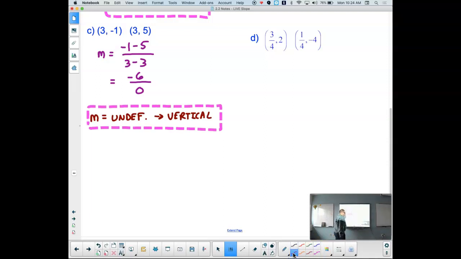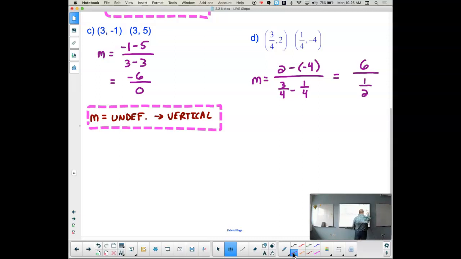Fractions are our friends. We love them. Okay? So 2 minus negative 4 divided by 3/4 minus 1/4. 2 minus negative 4 is positive 6. 3/4 minus 1/4 is 2/4 or 1/2.